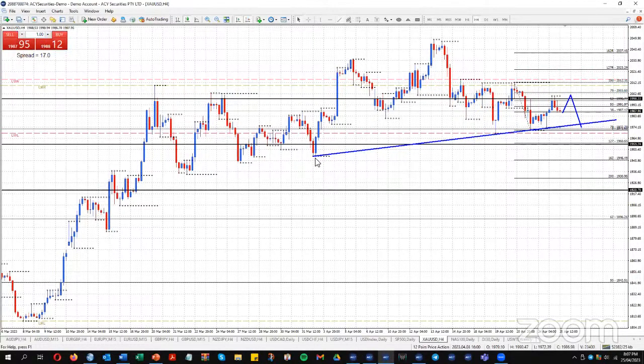Yeah, irrespective of that low, you could go from there. All right, or you could be simply going from there.